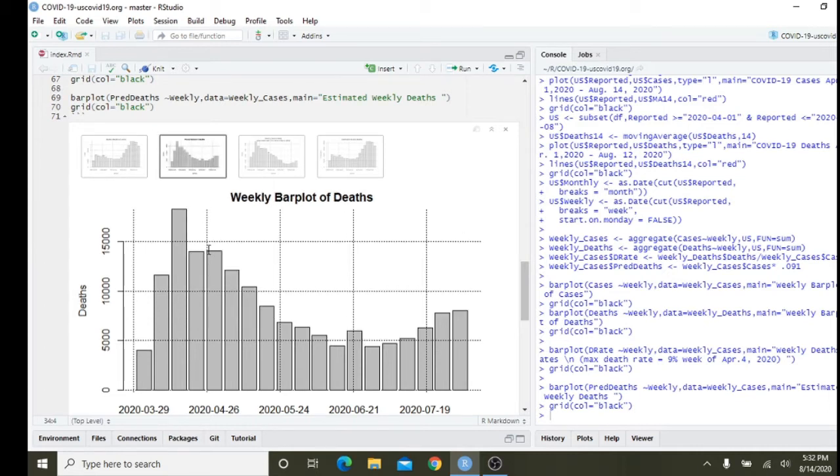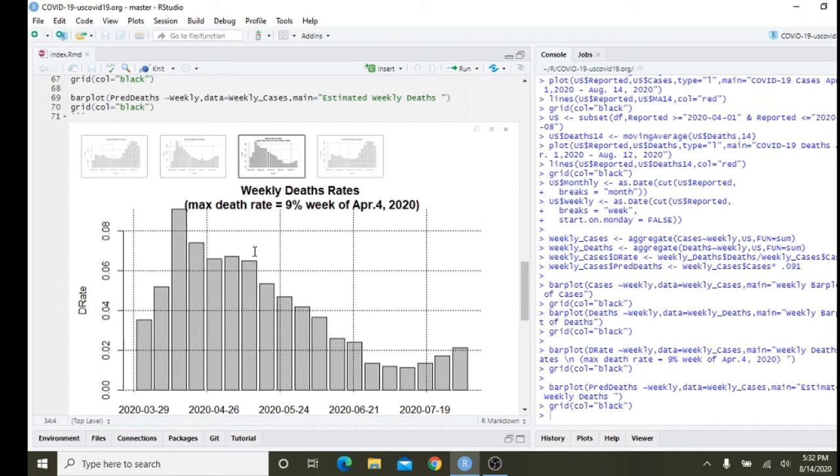Deaths. Good news. Look at this decline in deaths. Yes, it's increased, but it's not even remotely close to this here. Deaths are down. Why? Because the rate of death is down. From a peak of 9.1 down to about 2.1%. So that's a decline of 7%? Good news.